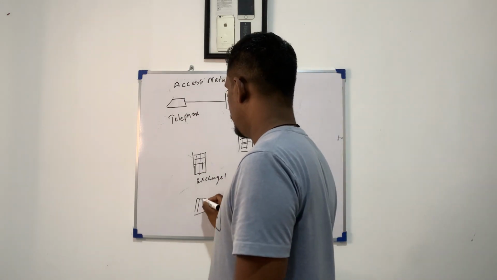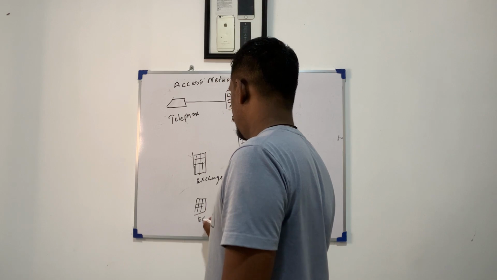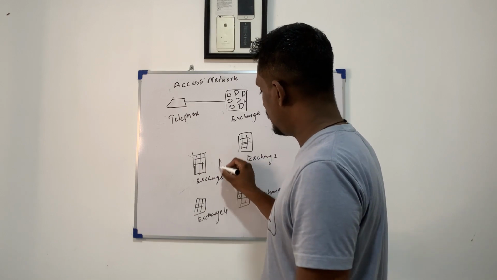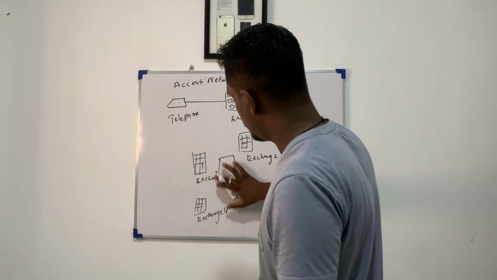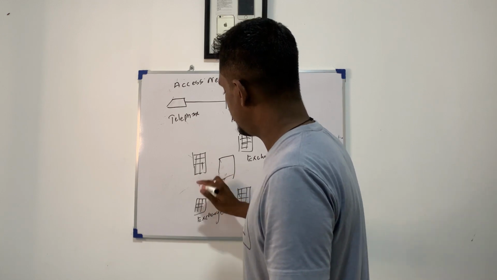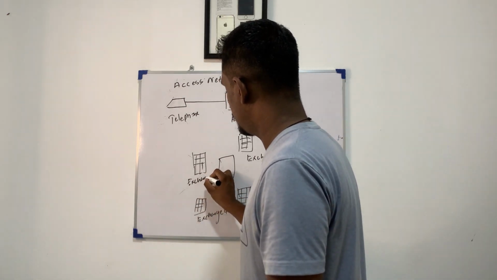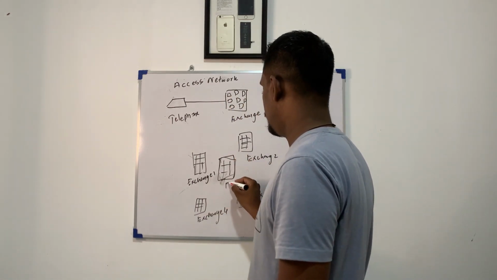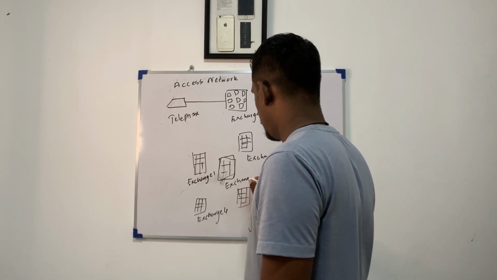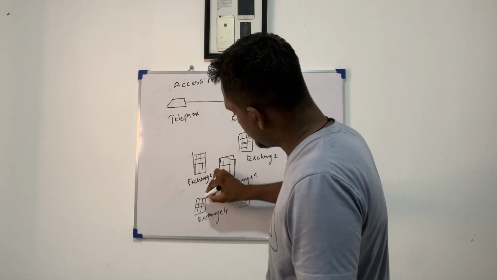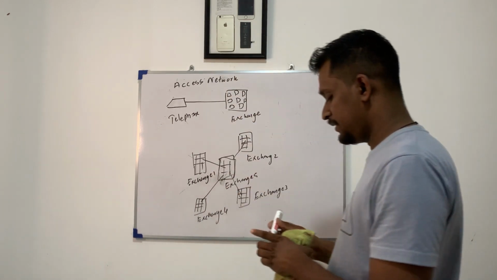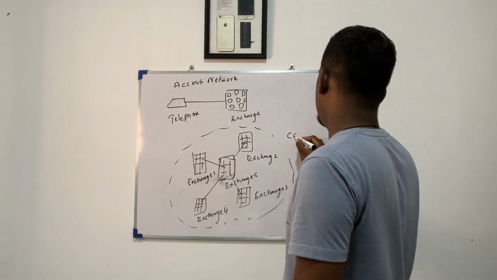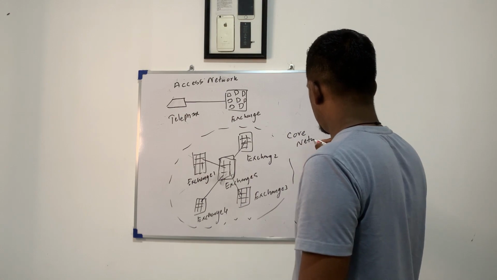Another one in the middle I'll draw here, and think of this as exchange 5. These are connected to each other using cables. This whole part is called the core network.